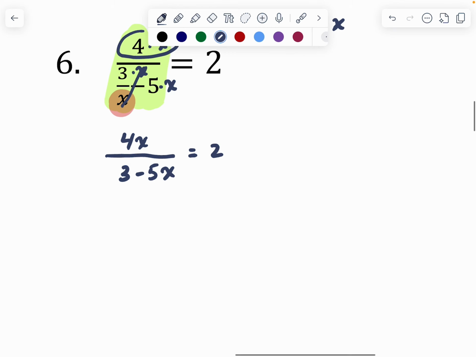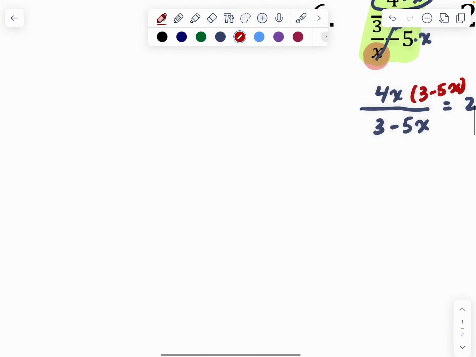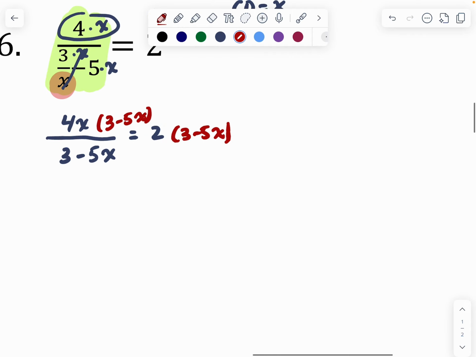Okay, now just like the other problem, I'm going to multiply both sides by the denominator to get rid of it. 3 minus 5x, 3 minus 5x. Hang on, I feel like I did something funky on this. No, I didn't. Sorry. Sometimes I think things that I didn't really do. Okay, so what's going to cancel out here? So the bottom and the top cancel out, leaving us with a 4x on the left.